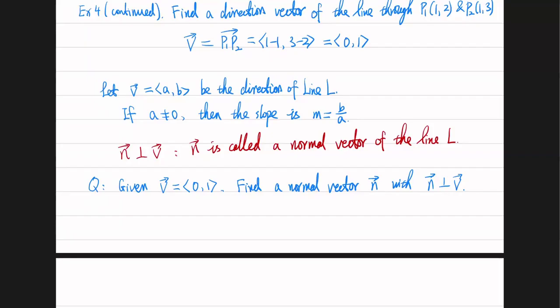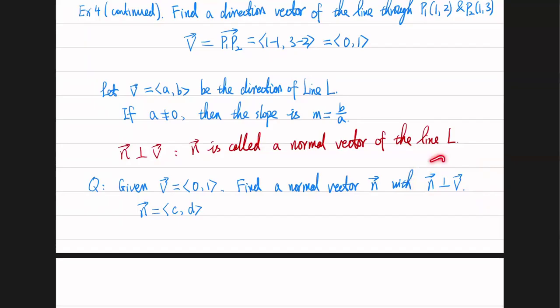We don't know what this is, so let's assume. What we want is two vectors that are perpendicular. Is there any formula for this?